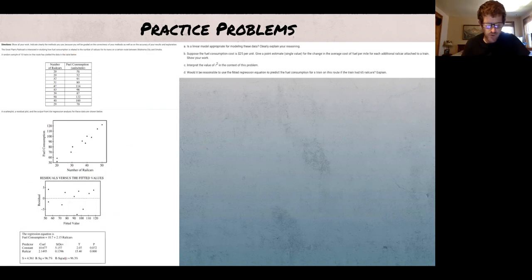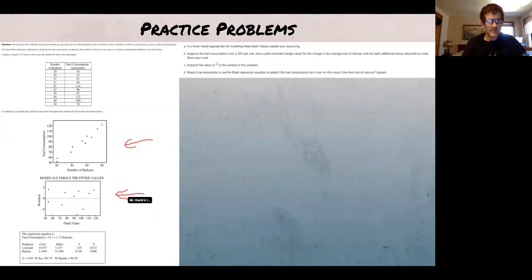All right, so I won't analyze it just yet. I'm going to see what they want me to do. Is a linear model appropriate for modeling these data? Clearly explain your reasoning. I am not going to write this down, but I will verbalize what I would write down. To determine if a linear model is appropriate, I want to look at these two plots.